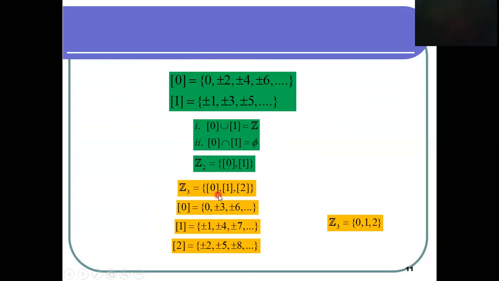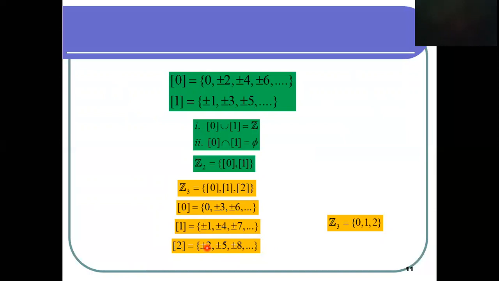In Z3, there are three classes: 0, 1, 2. The 0 class consists of all those numbers which are completely divisible by 3. The 1 class is the class of numbers from the set of integers whose remainder is 1 after dividing by 3. The 2 class has the numbers whose remainder is 2 when divided by 3.